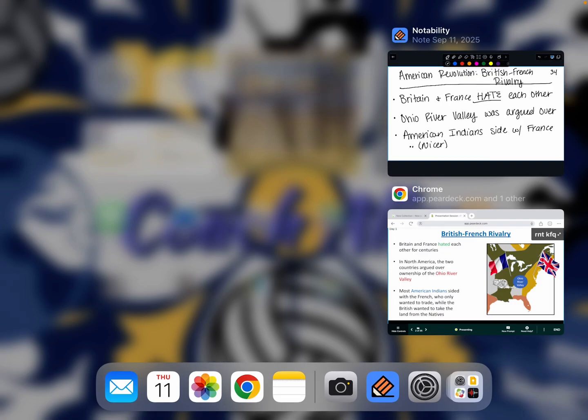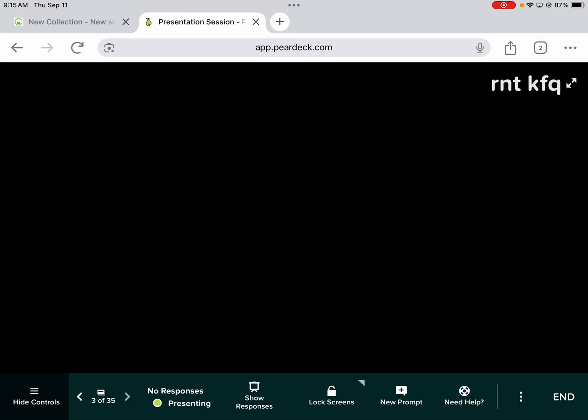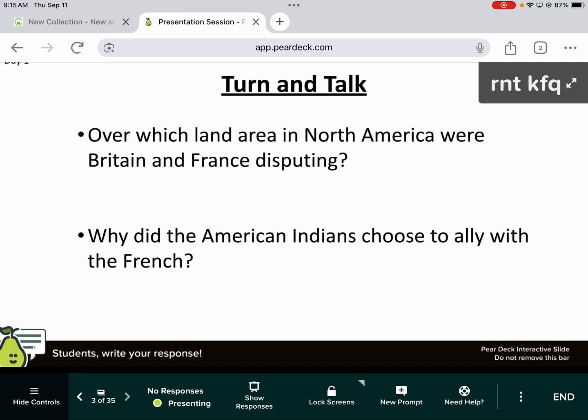Okay, so now we're going to move on. 6th period, write your answers on the turn and talk on the paper and put a smiley face in the top right corner. Y'all type in your answers for number 2. 6th period, answer both. 2nd period, answer number 2.